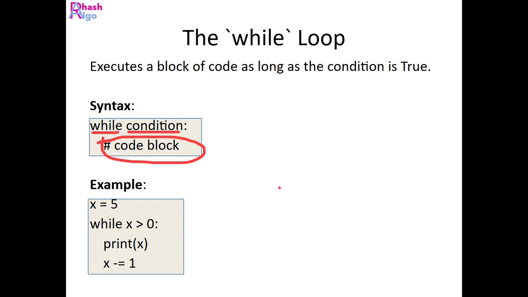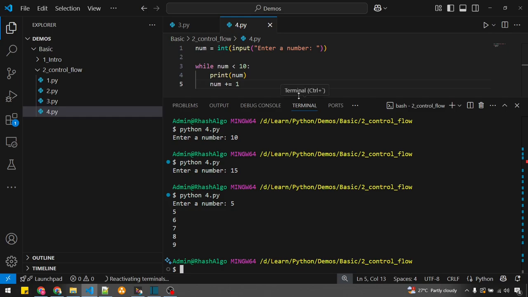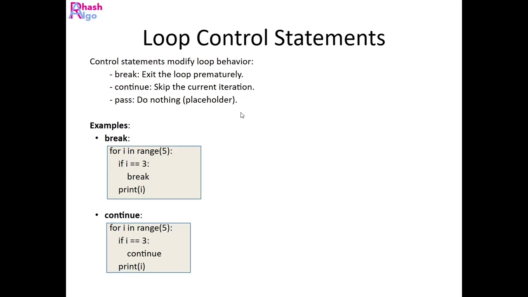Okay, let's move on with some next steps. Loop control statements. What is this? Let me explain first so that you will get some theoretical concept. If you are following my lectures carefully, in my previous lectures I have explained somewhere about break and continue.